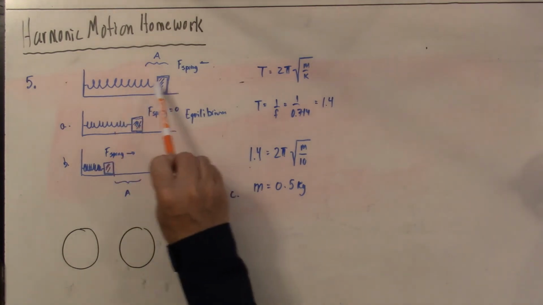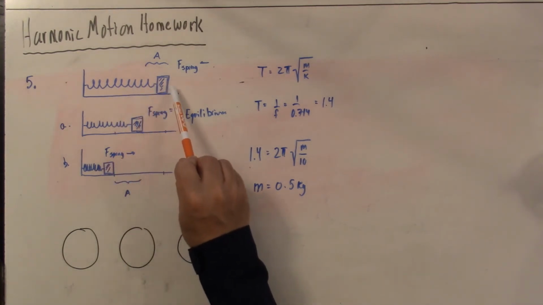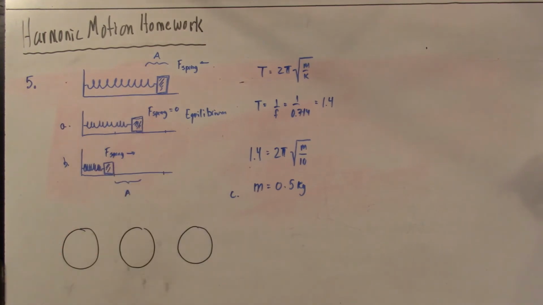Well, when it comes out here, it slows to a stop and then speeds up going back, which means that out here it's all elastic energy. As it cruises back through the middle, it's moving fast, so this is all kinetic energy, because the spring isn't compressed or stretched out.